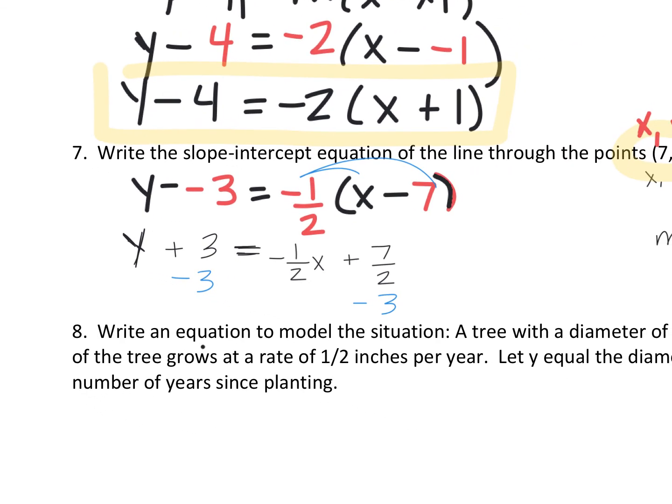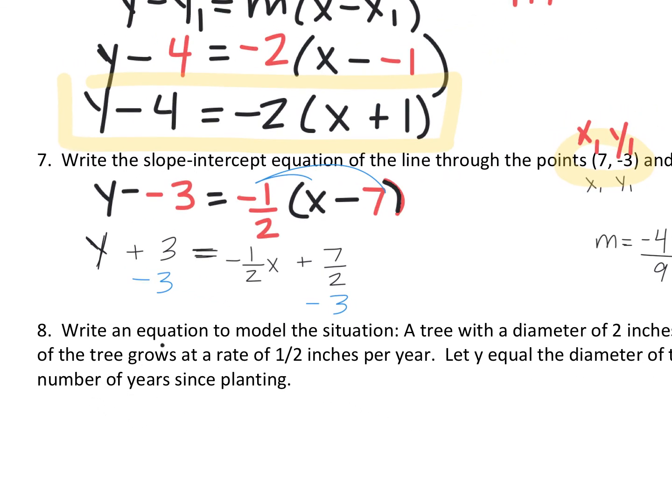So we would say final answer, y equals negative 1/2 x, and it's plus 1/2, right? Use a calculator with fractions if you want, it doesn't bother me, but 3 is the same thing as 6/2, so 7/2 minus 6/2 is 1/2.